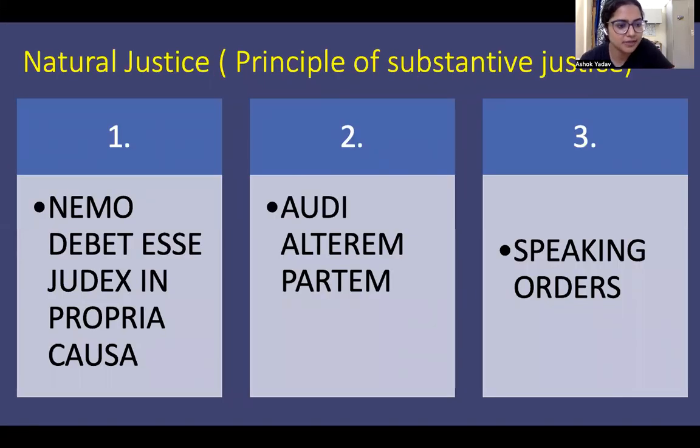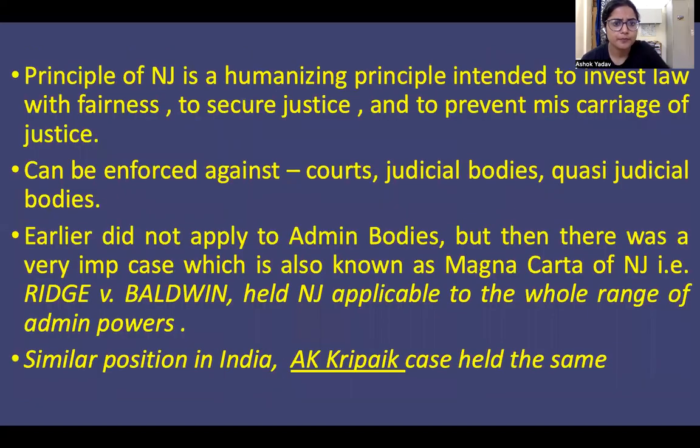Let's read the first principle, that is nemo debet esse judex in propria causa. It says the principle of natural justice is a humanizing principle intended to invest law with fairness, to secure justice, and to prevent miscarriage of justice.